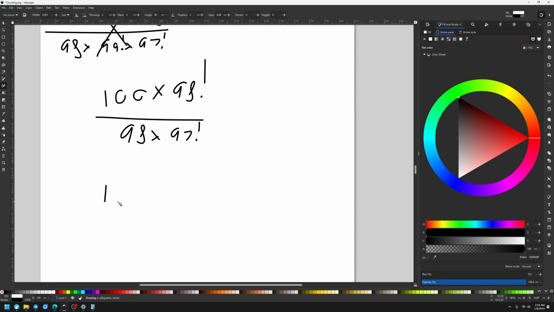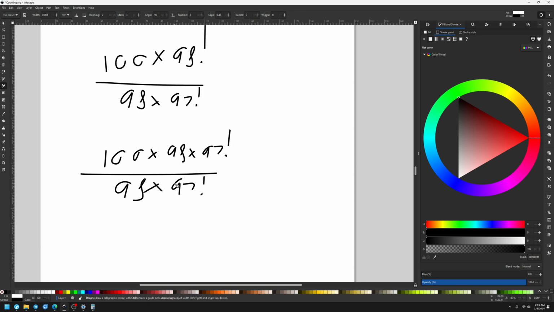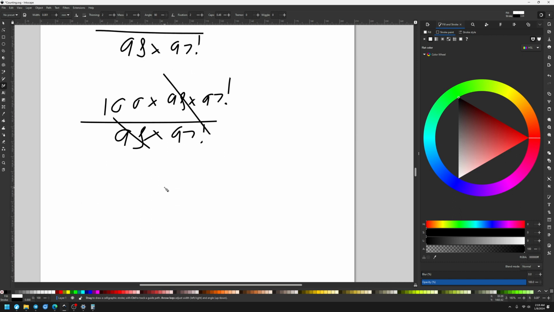So let's do that: 100 times 98 times 97 factorial, divided by 98 times 97 factorial. And here, in both the numerator and the denominator, we have 98 times 97 factorial, so we can cancel that out. And our final answer is 100.